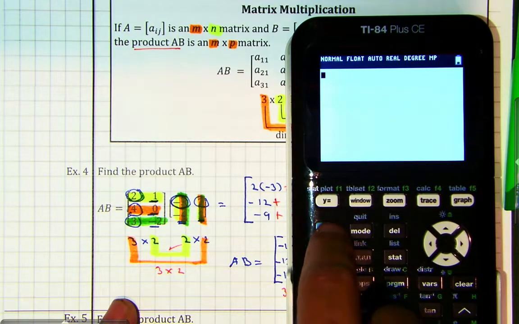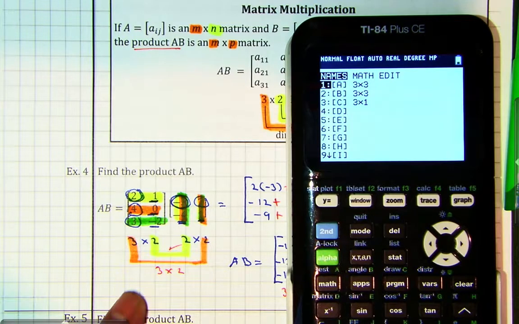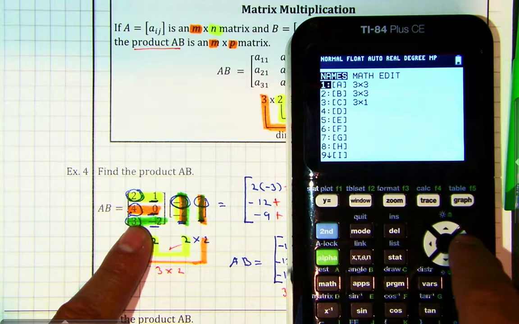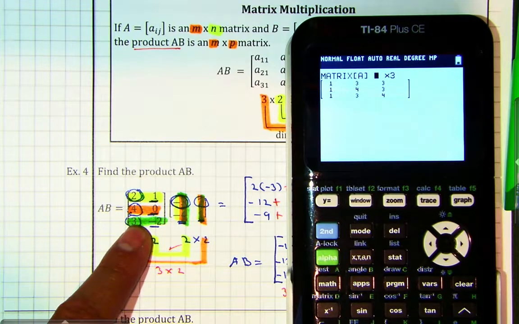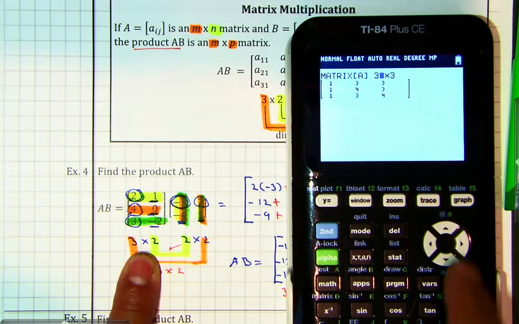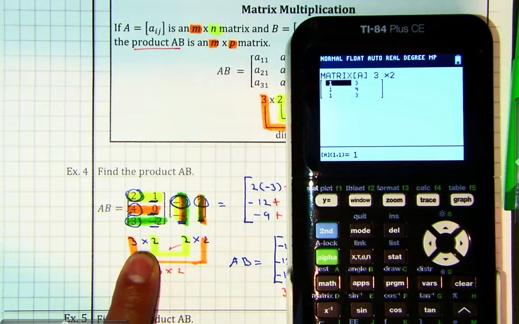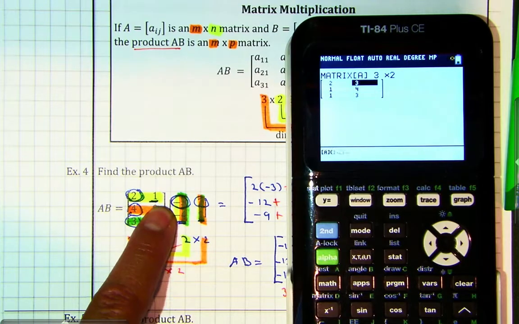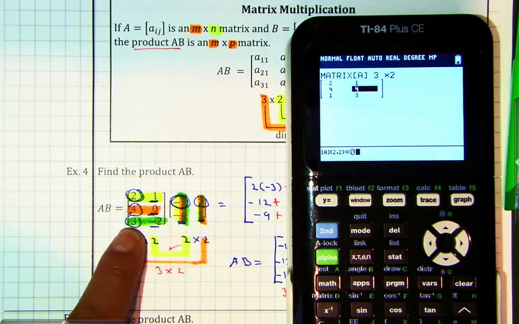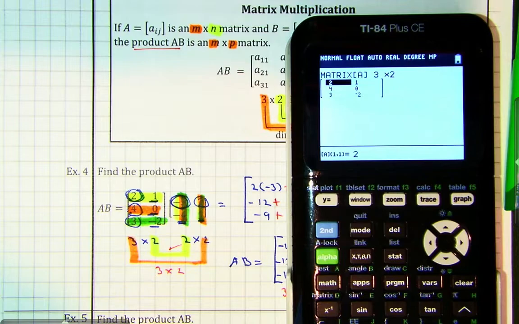So I'll go second matrix, and I want to go into edit them first. So I'll press enter. Now it's asking for the dimension. This is a 3 by 2, and I'm just going to type in the numbers: 2, 1, 4, 0, 3, negative 2. So you want to get used to using your graphing calculators for matrices.